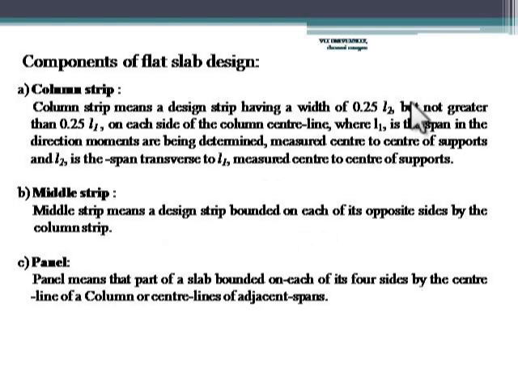In flat slab there are three parts, that is column strip, middle strip and panel.